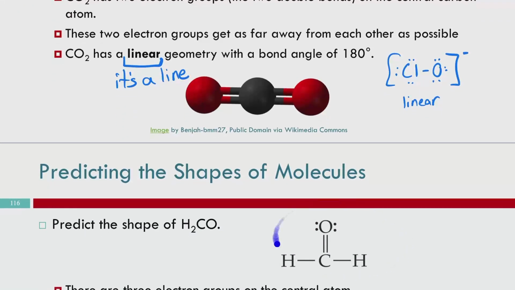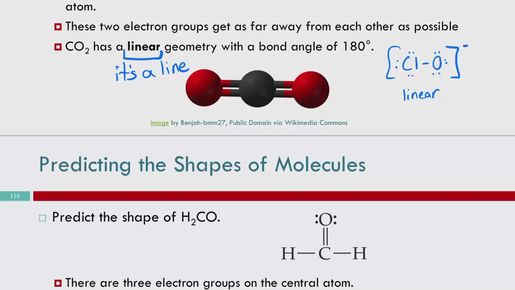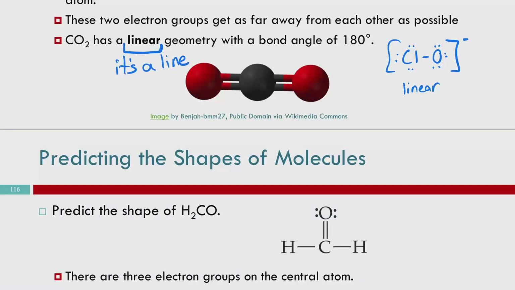We've also got this H2CO Lewis structure. This is one that we looked at pretty early into our last lecture, last week. We have 3 electron groups on our central atom. We've got single bond, double bond, single bond. And so those 3 groups are going to try to spread out as much as possible.